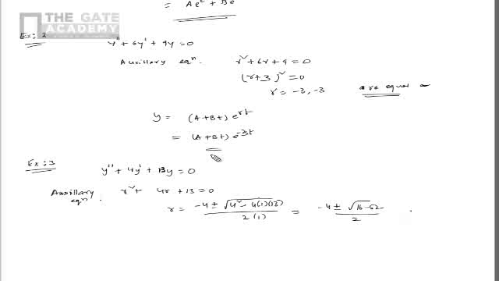16 minus 52 is basically minus 36, so I can write the square root as 6i, and then by 2. So this together can be written as minus 2 plus or minus 3i. So basically two complex roots. So when you have complex roots, remember k is minus 2 here and omega is 3.